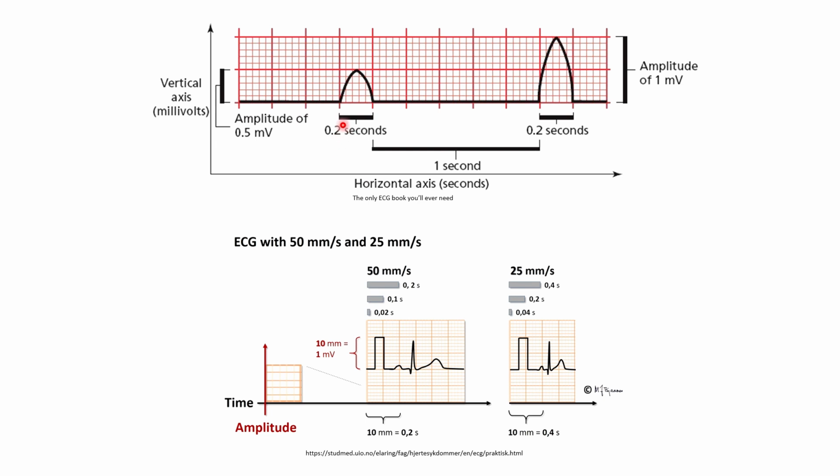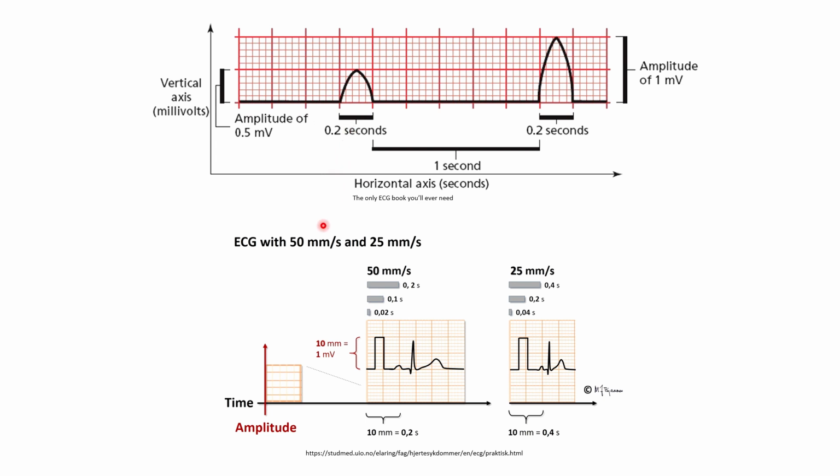And if you want to make sense out of this, we have 5 small boxes in one large box. If each small box is 0.04 second, then multiplied by 5, it will be 0.2 second. I hope we made that clear.